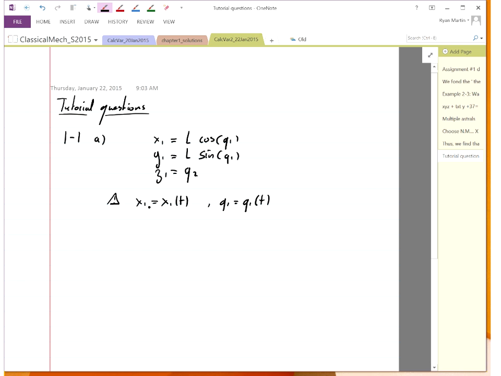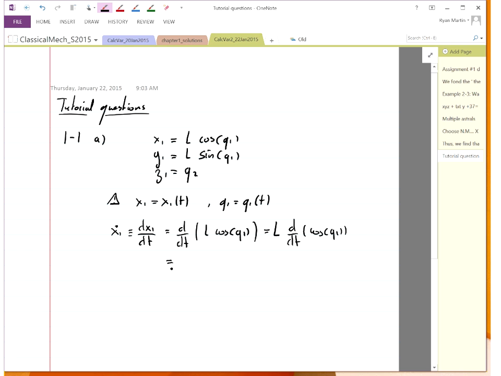So let me find the three Cartesian velocities, and then we'll do the three Cartesian accelerations. The Cartesian velocity is the rate of change of x1 with respect to t. So what we want is x1 dot, which means dx1 by dt. If I do d by dt of L times cosine of q1, then L is a constant, so I have L times d by dt of cos of q1.